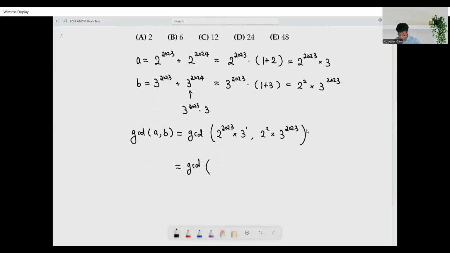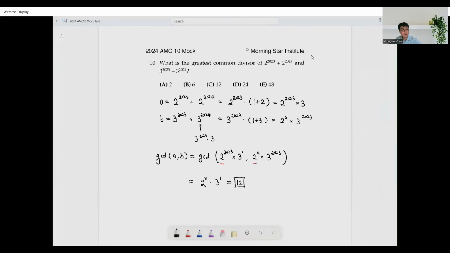Both parts have 2, and both parts have at most 2 squared. That's the common part, so it's just 2 squared. That's the common part from prime factor 2. As for 3, the common factor is 3 to the first power. So in other words, GCD equals 4 times 3, which is 12. The answer to this question is 12.